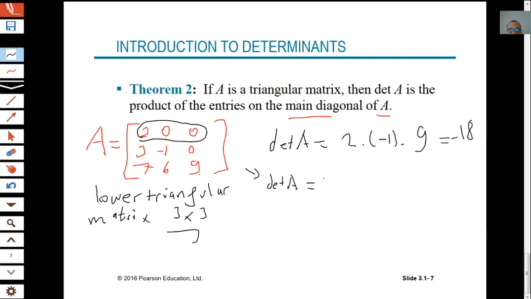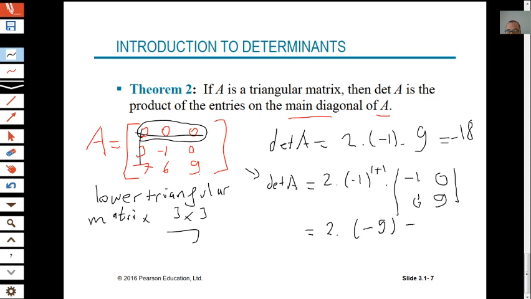So directly I will write the term for the first entry, 2 times -1 to the power 1 plus 1 times, we cancel the first row and the first column, the remaining numbers -1, 0, 6, 9. So we have 2 times -1 times 9 minus 0, which becomes -9. Therefore we have -18.